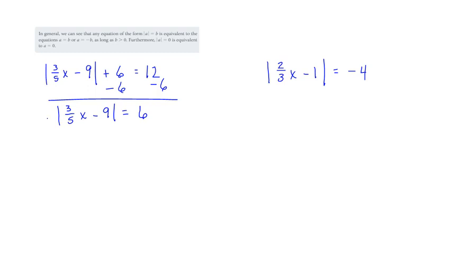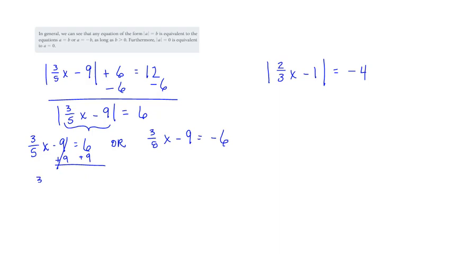So now I can look at this as 3/5 x minus 9 equals 6, or 3/5 x minus 9 equals negative 6, because what's inside of here can either be a positive 6 or a negative 6.